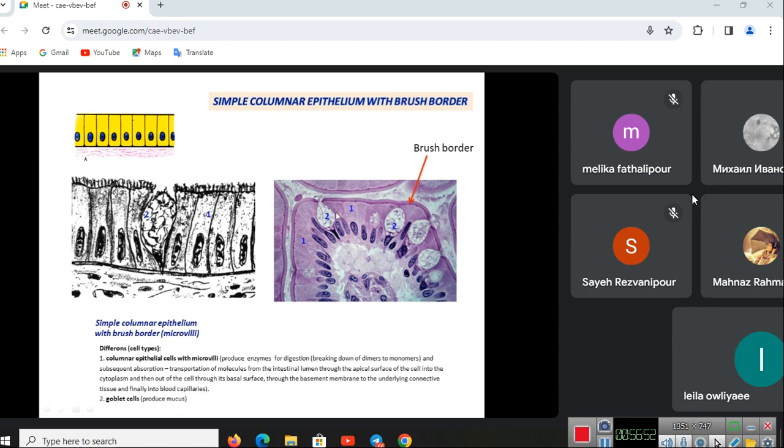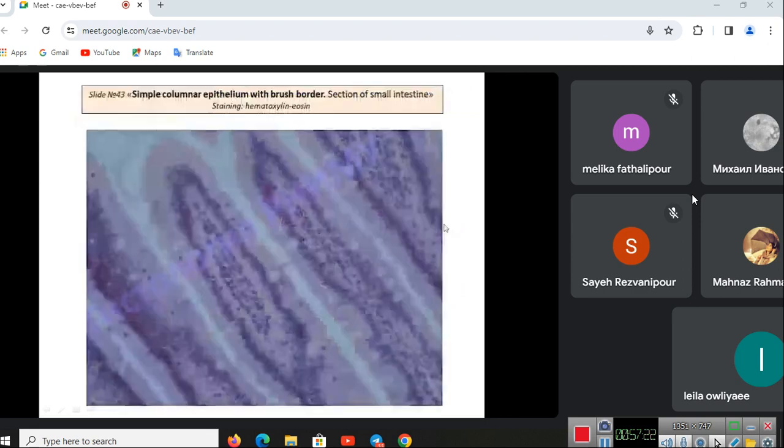Goblet cells, number 2, have the nucleus in the standing part of the cell, and most of the cell is filled with granules with mucus secrete. So these are granules with mucus, and when it is needed, mucus is released outside. And this process we can see here. The granules are released by the cell.